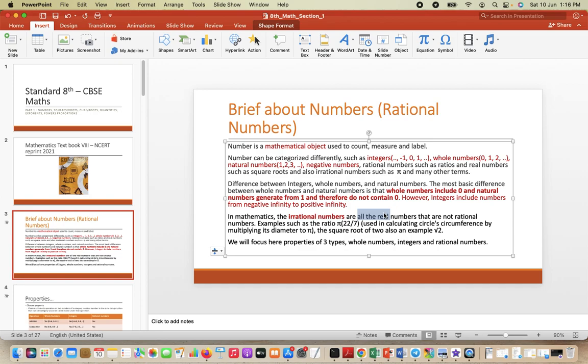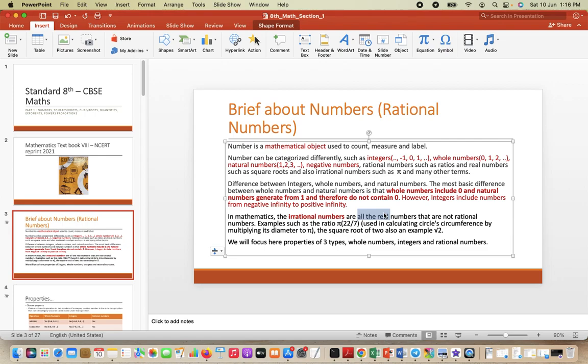One is rational numbers and the second one is irrational numbers. Rational numbers will cover all the kind of fractions, ratios, positive, negative numbers, integers, everything.